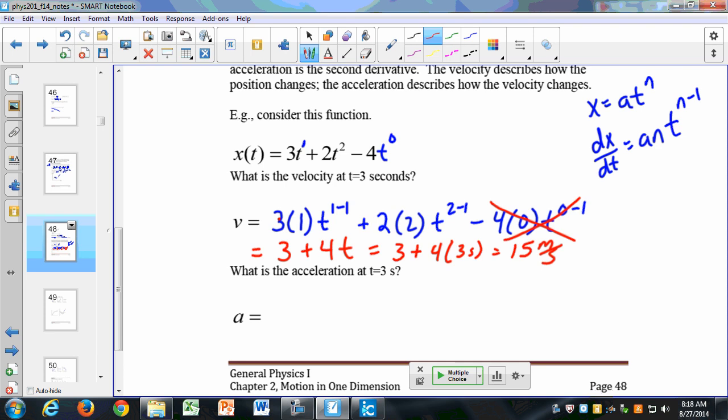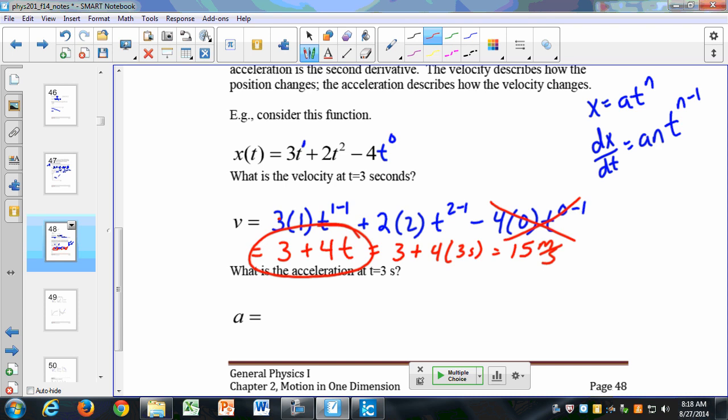All right, now I also want to know what is the acceleration at t equals 3 seconds. What you're going to be doing is taking the derivative of this function, which is the velocity function. You'll look at it pretty quickly and tell me what is the acceleration at t equals 3 seconds. What is it? 4, right.